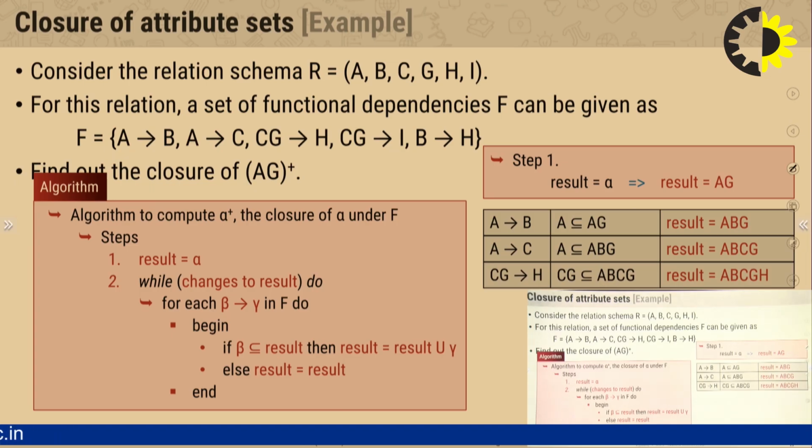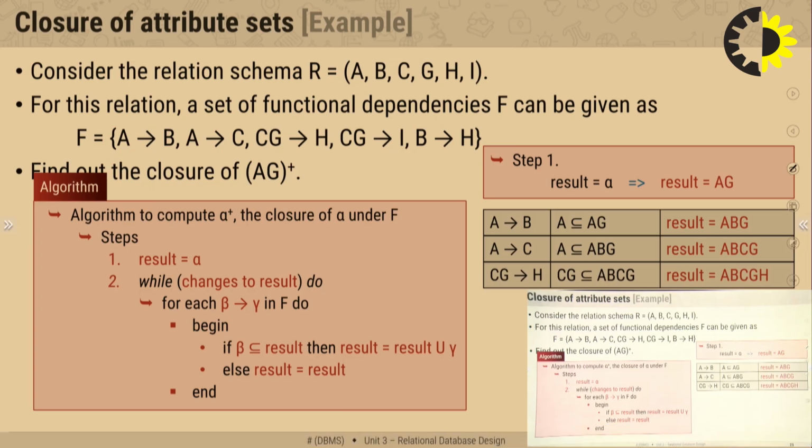Next, CG determine H. This CG is a subset of ABCG, then include H in the result. Now the new result will be ABCGH. Next FD is CG determine I. Now this CG is a subset of the previous result, so result will be equal to previous result union I, that is ABCGHI.